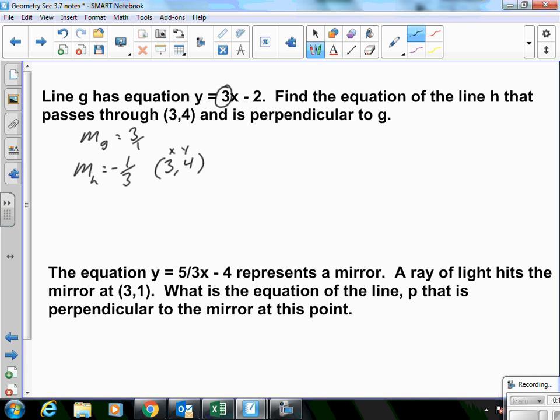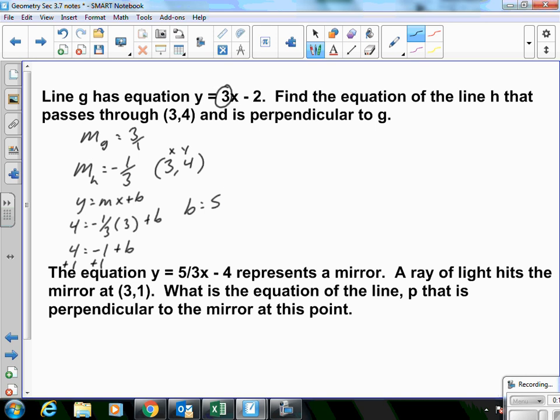So using that y equals mx plus b format, plug in everything that we've got. So our y is going to be 4, our slope negative 1/3, our x value is 3, and plus b. So it'll be 4 equals negative 1/3 times 3 is negative 1, plus b, add the 1 to both sides, and we're going to end up with our b value equal to 5.